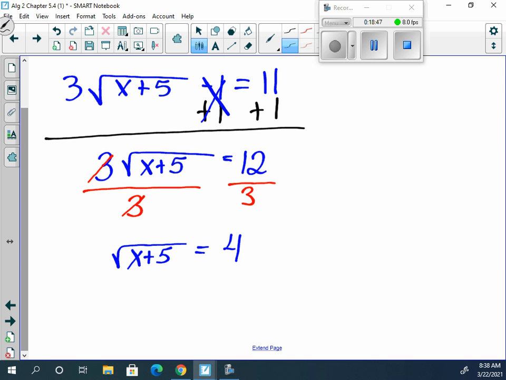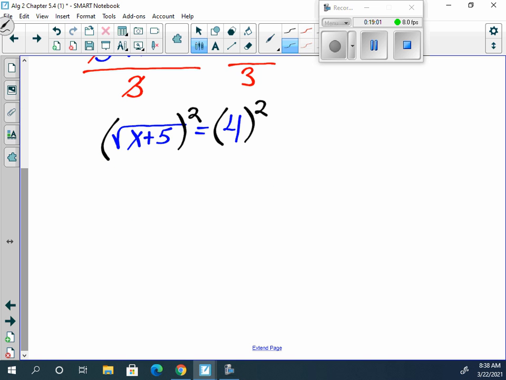Our next step is to take the nth power of both sides. Well, what power would we put both sides to? The second power, because we have a square root. So we're going to square both sides. And the reason we do this is because the square root and the second power will simplify, leaving us with x plus 5 is equal to 4 squared.